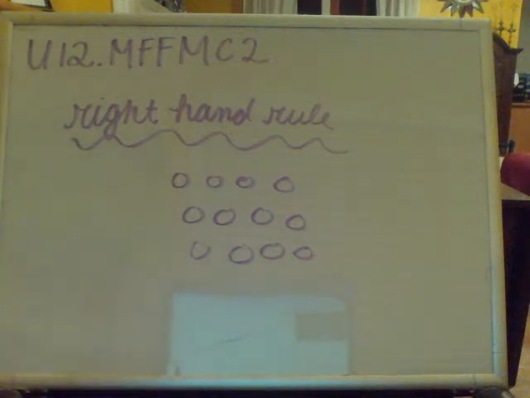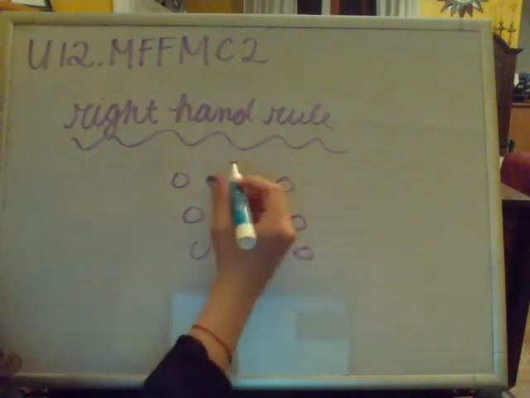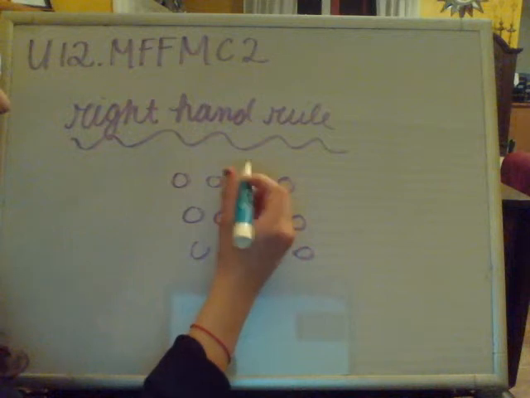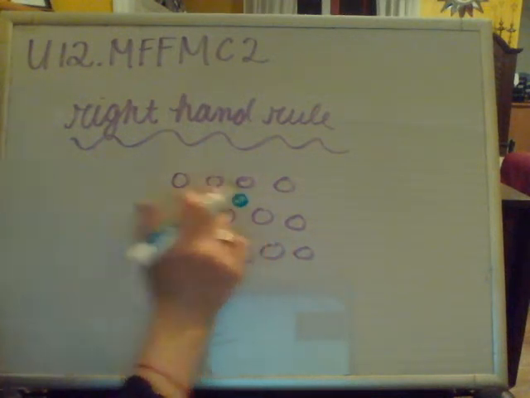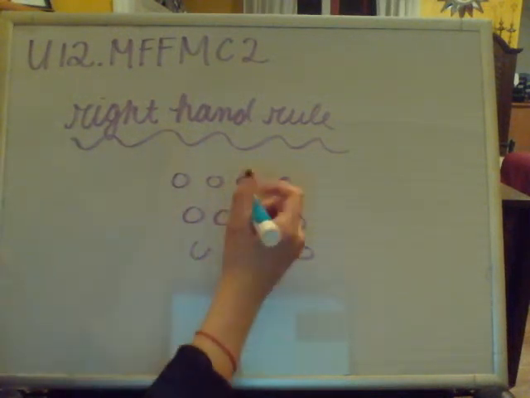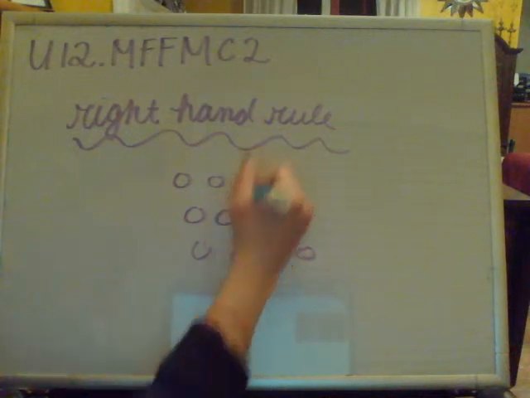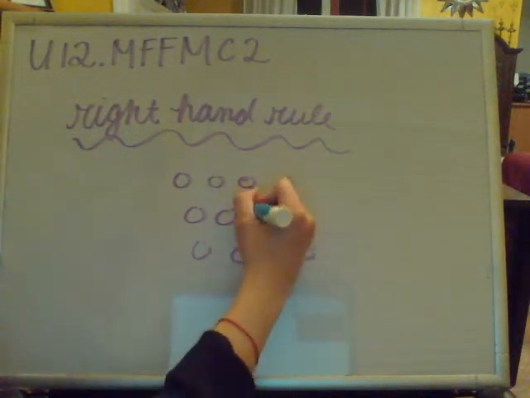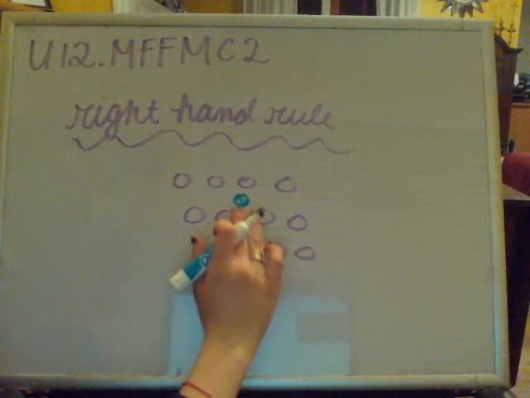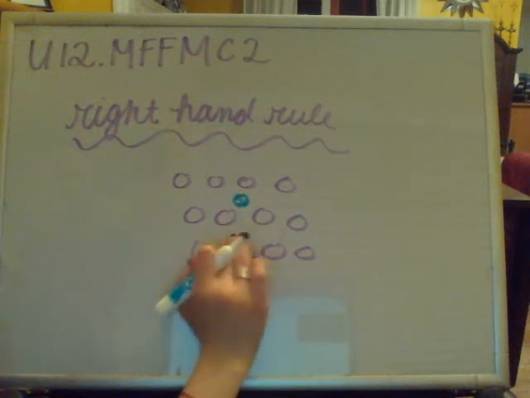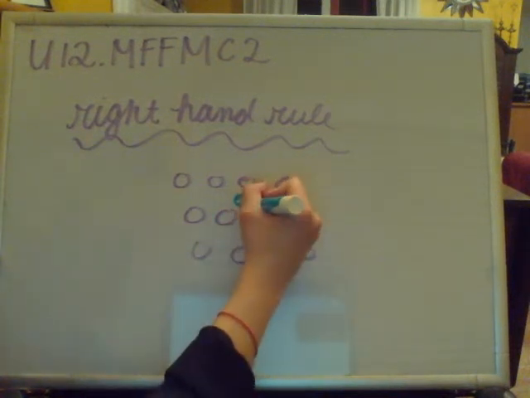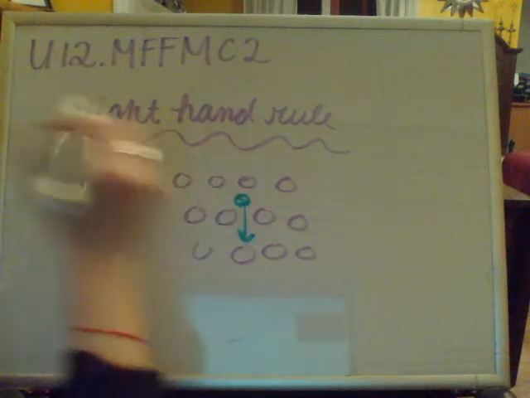So we have that magnetic field, and now we're going to do a proton just because it's easier for now. That's a proton, and its velocity is pointing downwards.